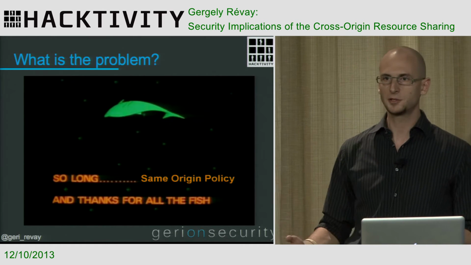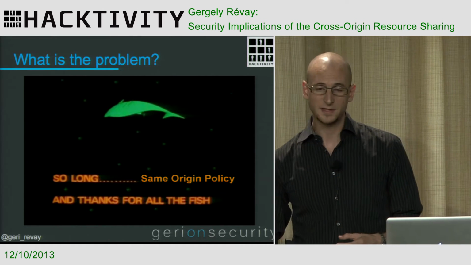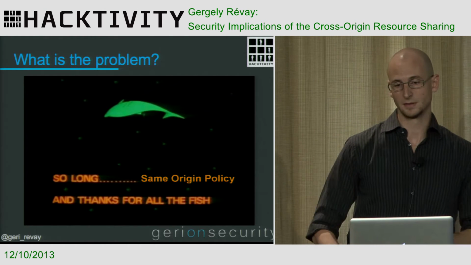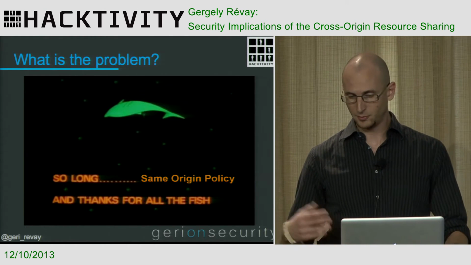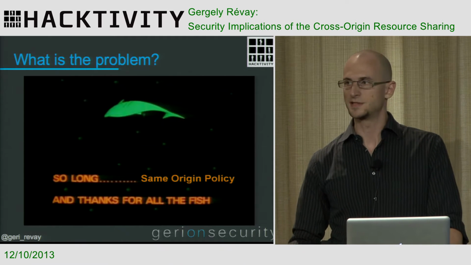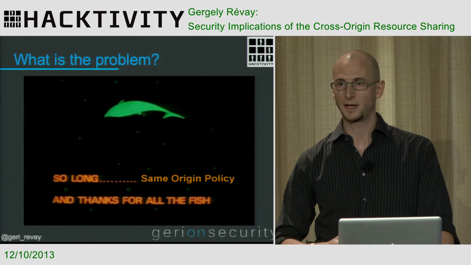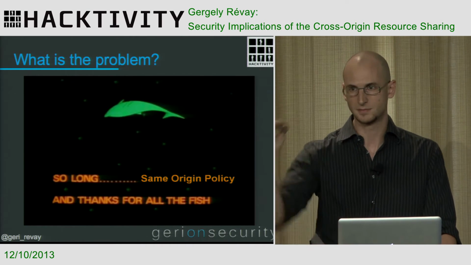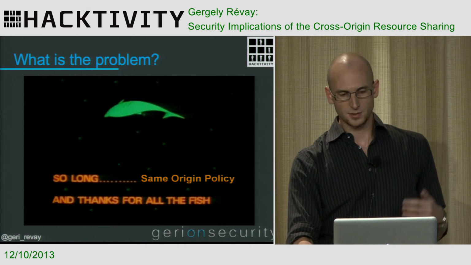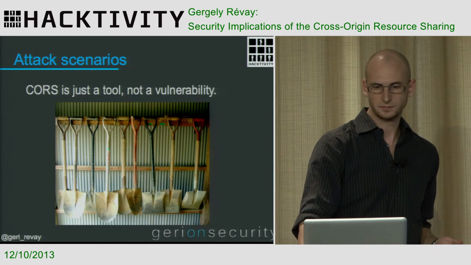It's a well-defined feature, and it works how it works. But if it's not configured well, then you can use it to attack. The problem is that people were trusting the same origin policy, and I wasn't expecting that you can just go around it a little bit. So that's a problem, and that's what we are going to use.